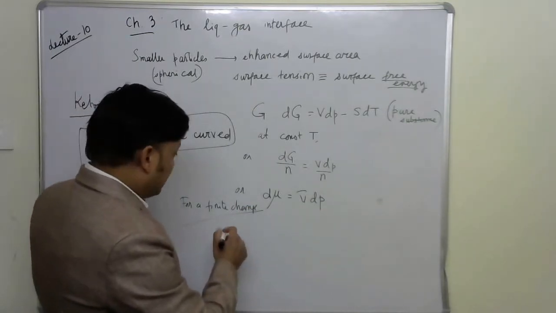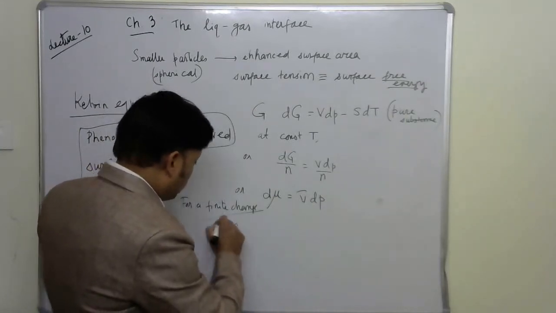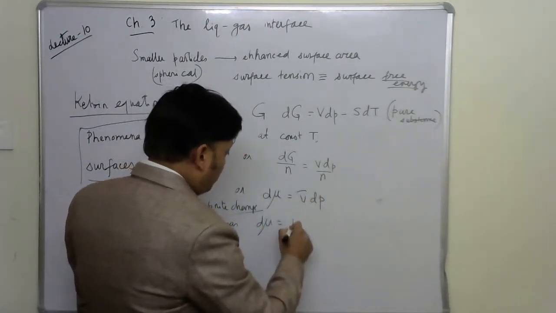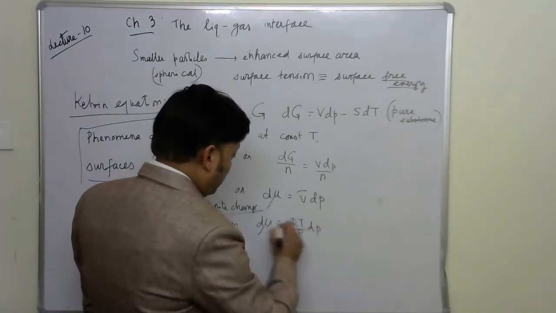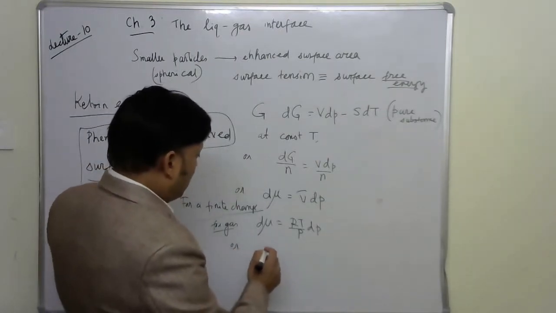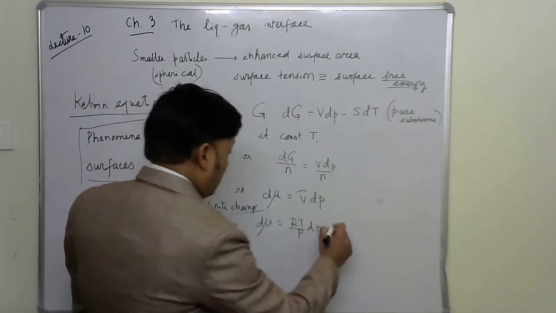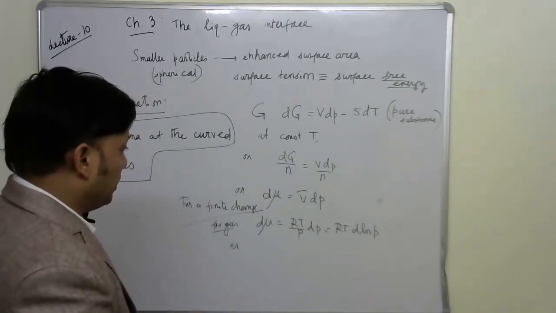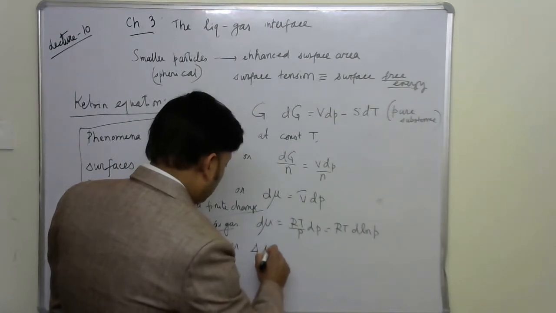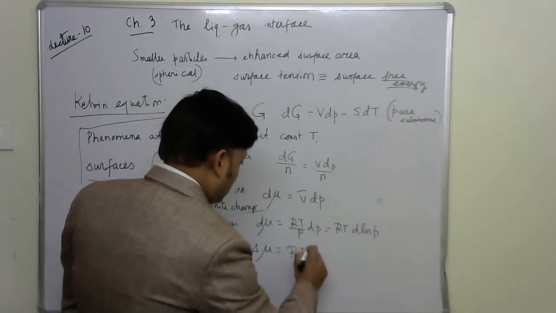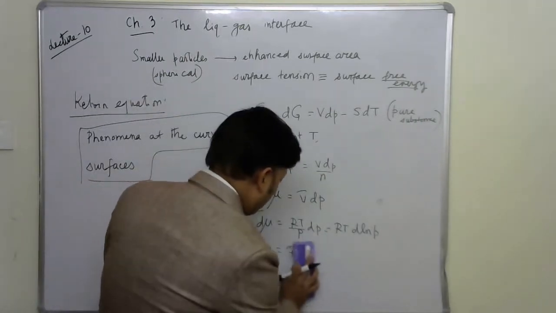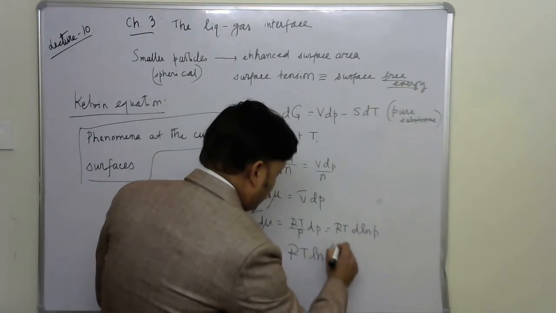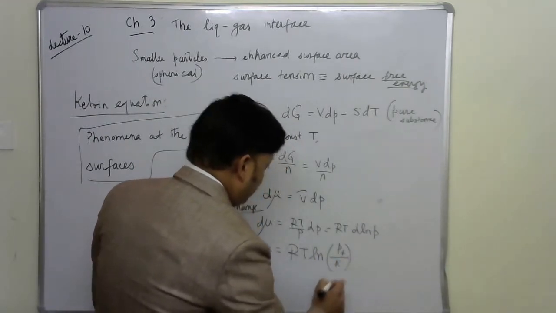If it's a gas, and if we assume that the gas behaves ideally, then d mu is equal to, replacing the molar volume with RT divided by P, RT divided by P dP, which is RT d ln P. So for a finite change, delta mu is equal to RT ln of final pressure divided by initial pressure, PF divided by PI.